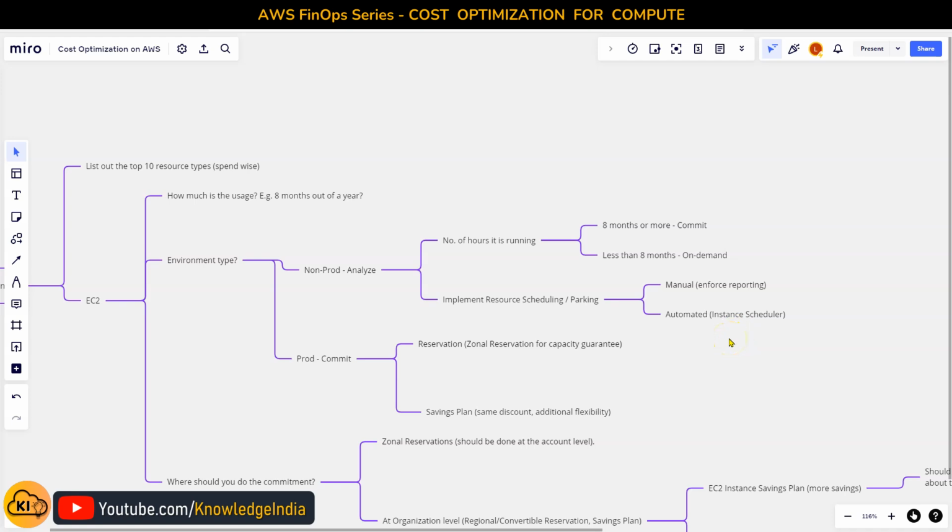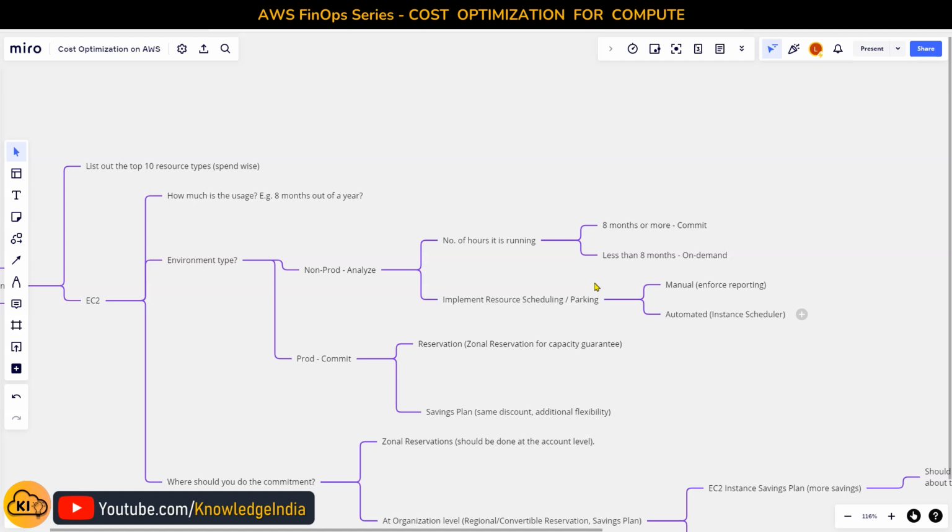It can be done in many ways. You can use an external tool, you can use instance scheduler, you can also use config rules or tags. You can apply tags, and then config rules can evaluate those tags and give you a report which tells you which resources are of non-prod type but are running 24/7. But ultimately you need to achieve this: your resources should be stopped.